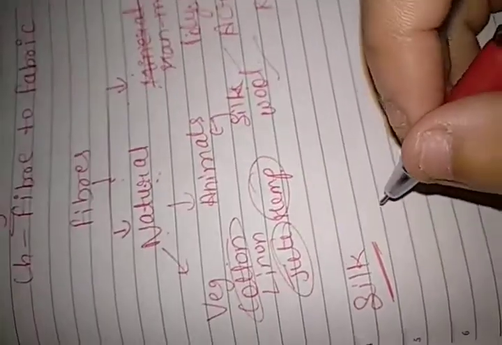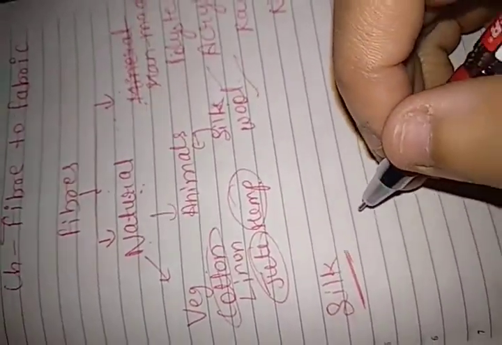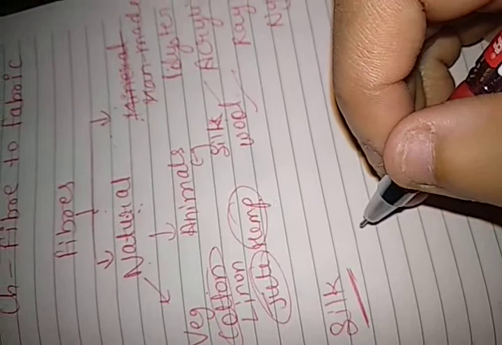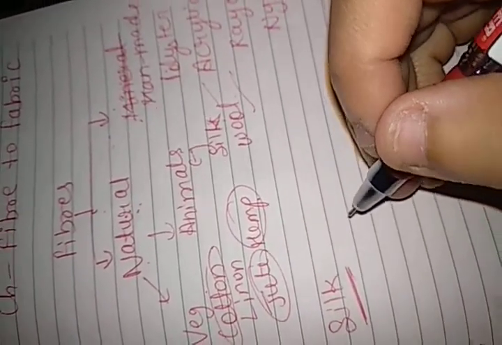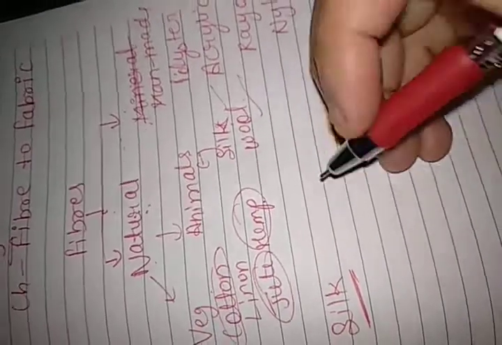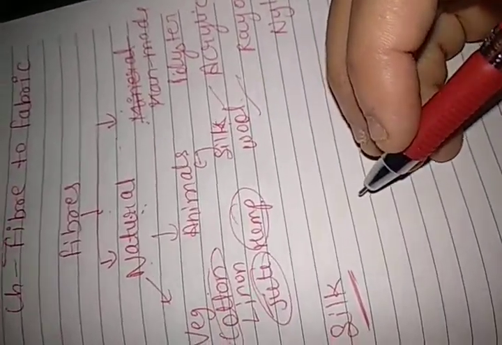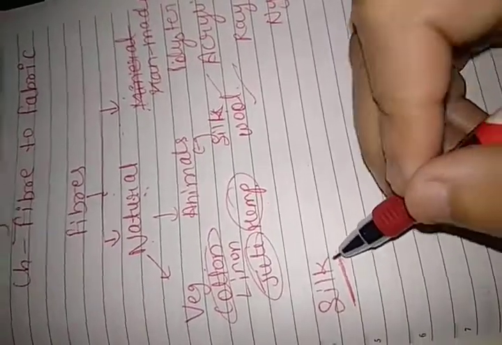Now silk, in this particular point we will deal with the processing of silk. How do you obtain silk, the entire steps involved in the processing, is very important. 100%, it is a 2 or 3 marks question.